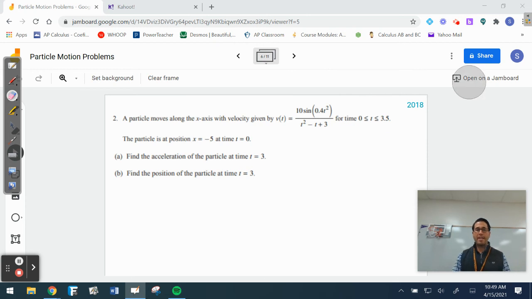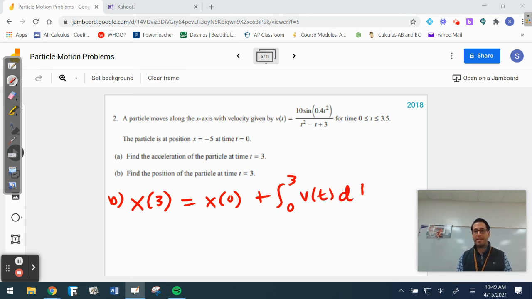Okay, next question says, find the position at time t equals 3. Well, for part B, right, in order to find your position, which is x of 3, I need to know where I am at x of 0, and then I just need to know the displacement. Okay, that's it. And x of 0 right there, there's an initial condition, you're at 5.